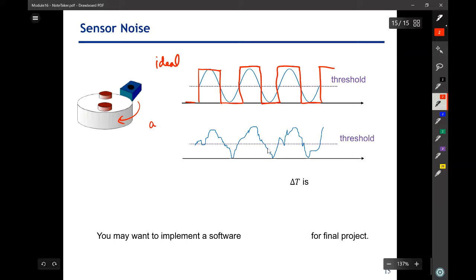But actually that's not what we have. We have a very noisy signal coming in like this, not a nice sinusoidal signal. The actual voltage coming from the Hall effect sensor may look like this, and then we have a threshold.